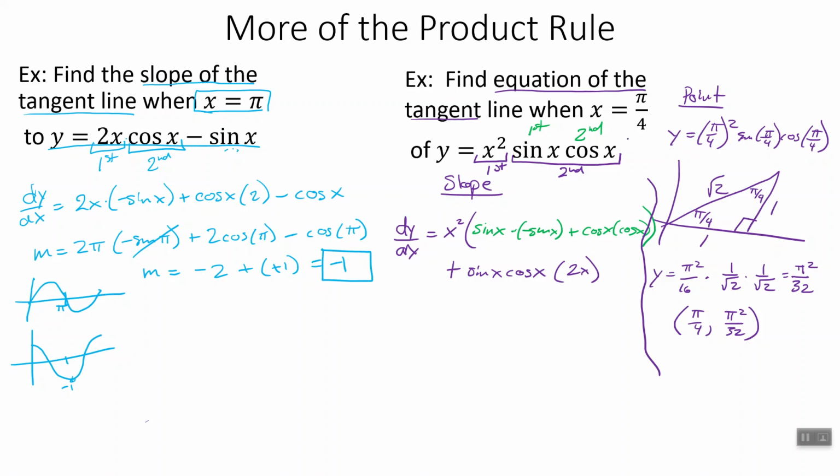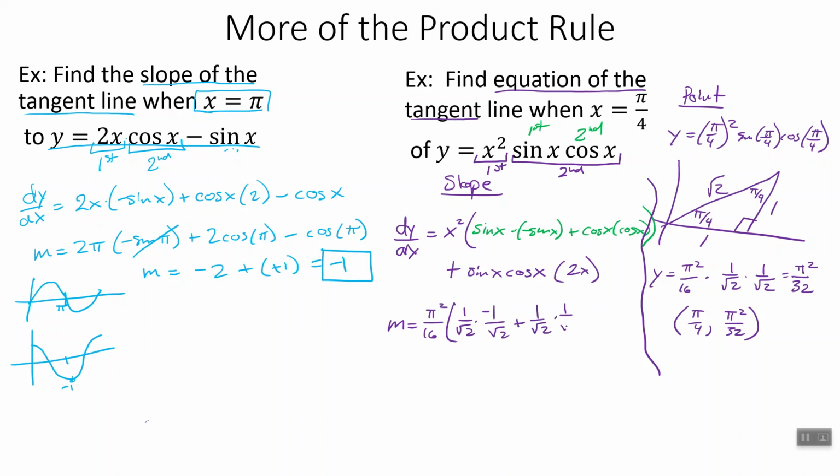All right, and we want to plug in pi over 4. So we can try and simplify this if we want, or we can just plug in pi over 4. If we just plug in pi over 4 now, we're going to get pi squared over 16. Sine of pi over 4 is 1 over square root of 2. We just found that. Then we've got a negative sine of pi over 4, so negative 1 over the square root of 2, plus cosine, another 1 over square root of 2, times another cosine.